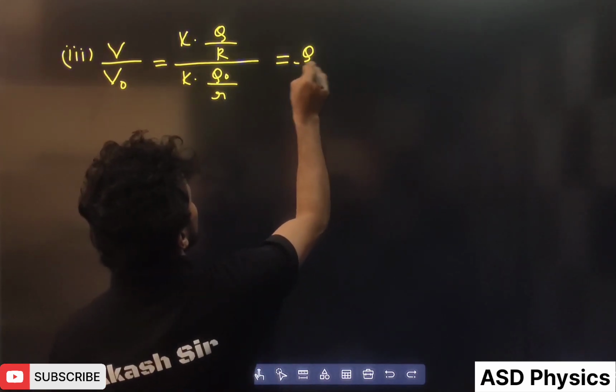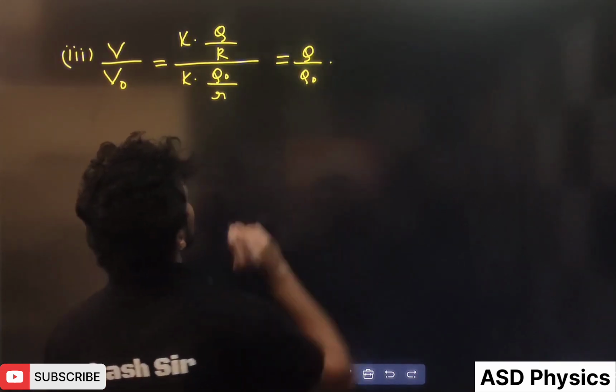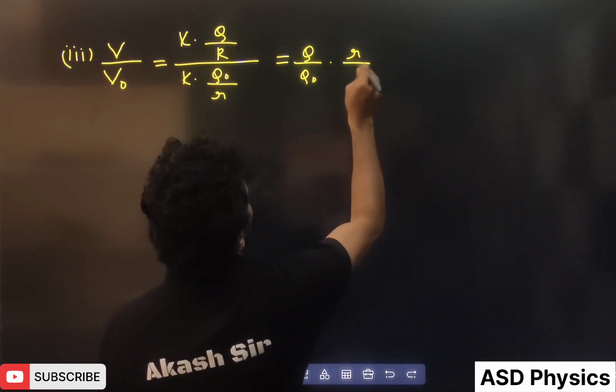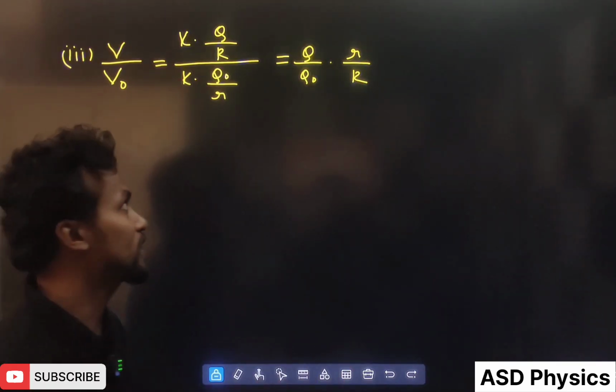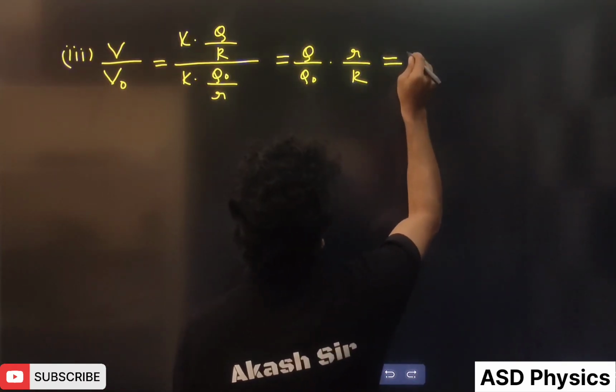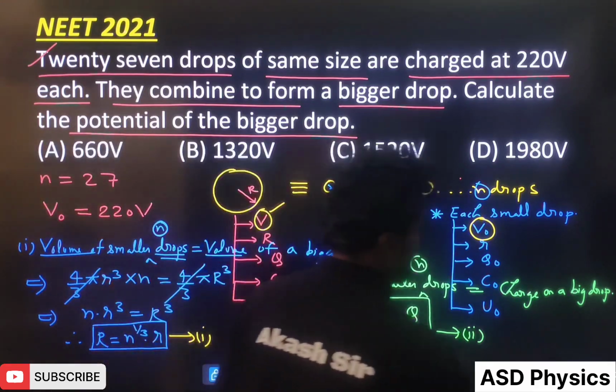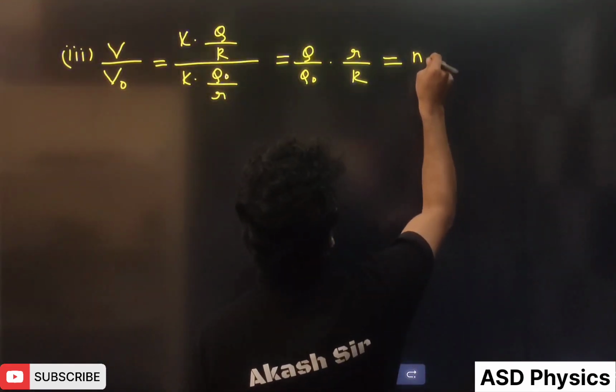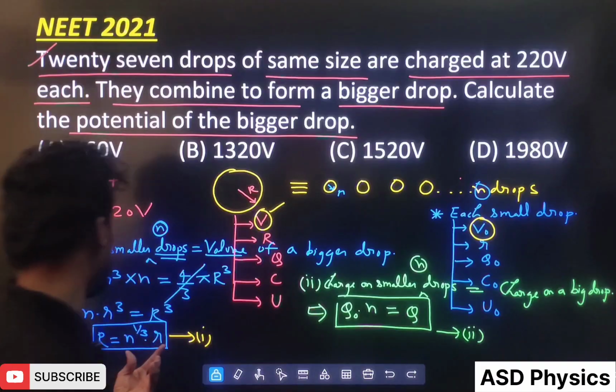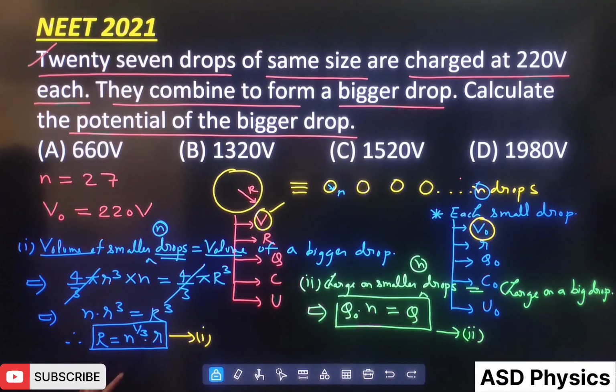That means we can write Q by Q naught into small r by capital R. Q by Q naught is n. Similarly, small r by capital R is 1 by n to the power 1 by 3.